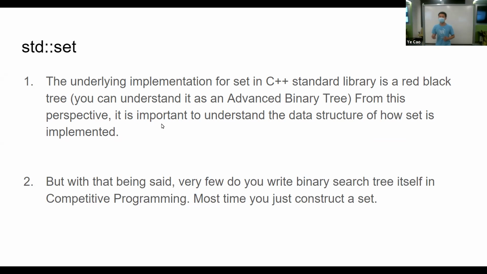It's a collection that only has unique items. Why do we have to know that? The reason is that the underlying implementation of set in the C++ library is a red-black tree. If you don't know what a red-black tree is, you can just understand it as a very advanced binary tree.